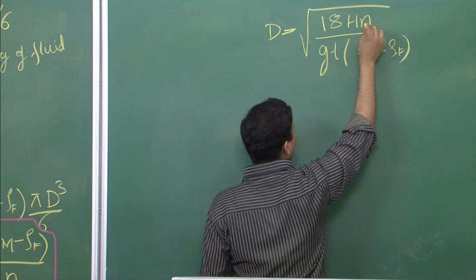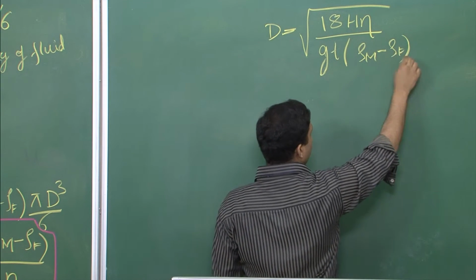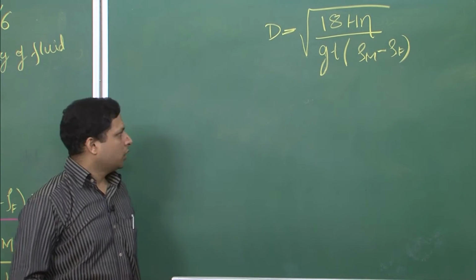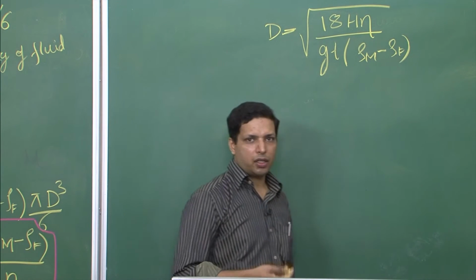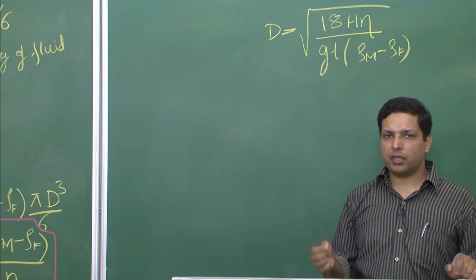H is a constant, eta is a constant, g is constant, rho m and rho f are constant. So, if you know the time, you will be able to calculate d, and there are very simple techniques. You do not need to calculate the time for each and every particle.